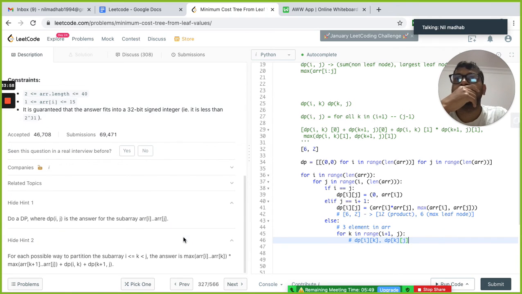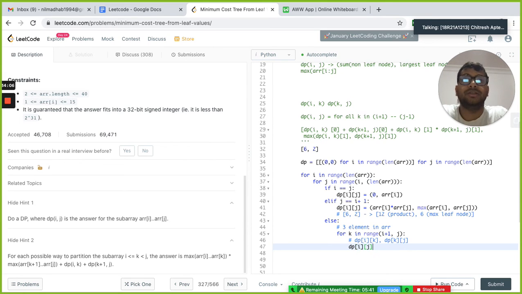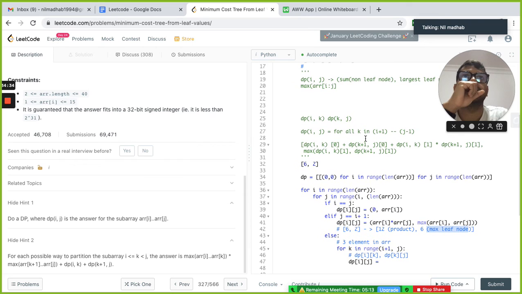So dp of i, j will be the maximum of, so we have to consider all the cases. We have this product and we have the maximum leaf node. From this, how can we calculate the dp of ij?